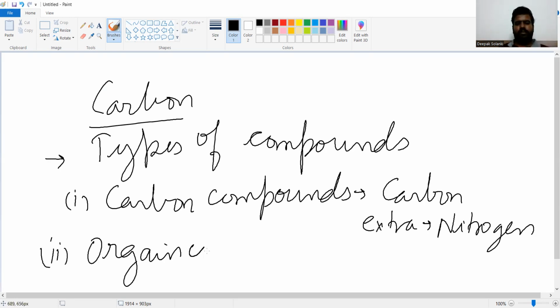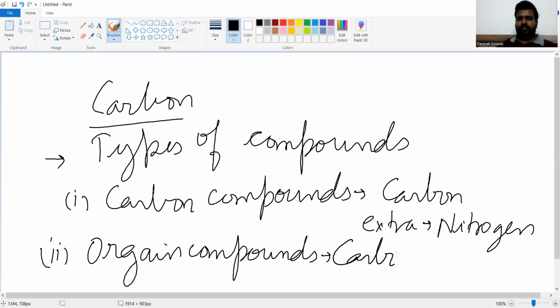Organic compounds are compounds in which carbon and hydrogen are there. We can replace hydrogen with nitrogen, sulfur, etc. So they are organic compounds.